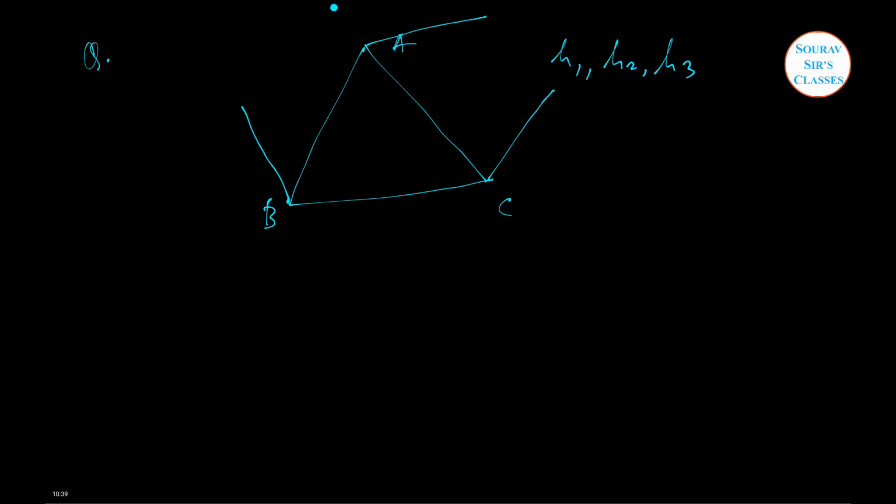So this is our H1, let it be AP1, this is H2, this is BP2, and H3, that is CP3.